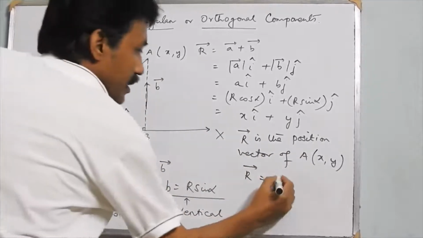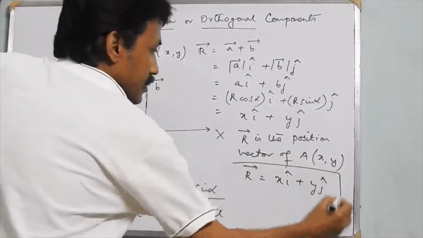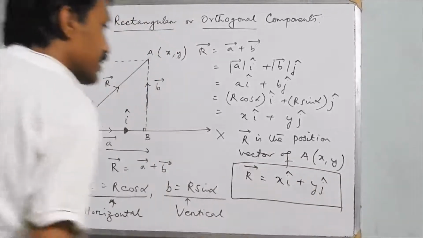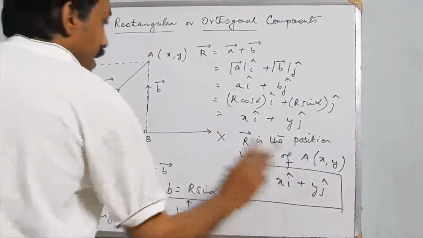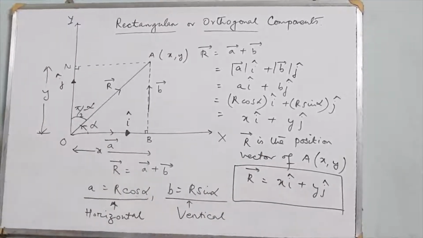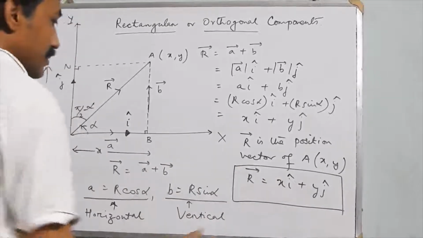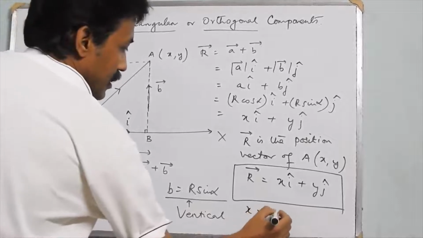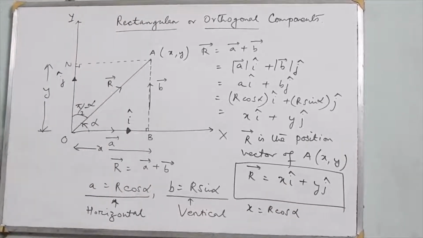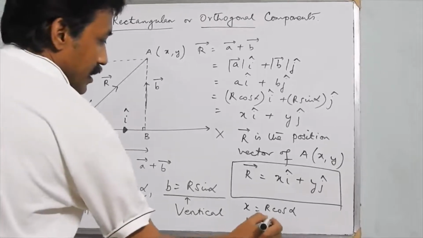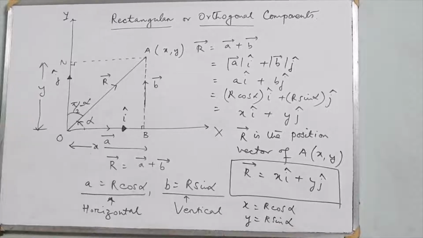So this will be x I hat plus y j hat. So in general, you can say for any point having coordinates x and y, its position vector is x I hat plus y j hat. And obviously your x is r cos alpha. That's why it is frequently called the horizontal component, and y is obviously r sin alpha, and so it is called the vertical component.